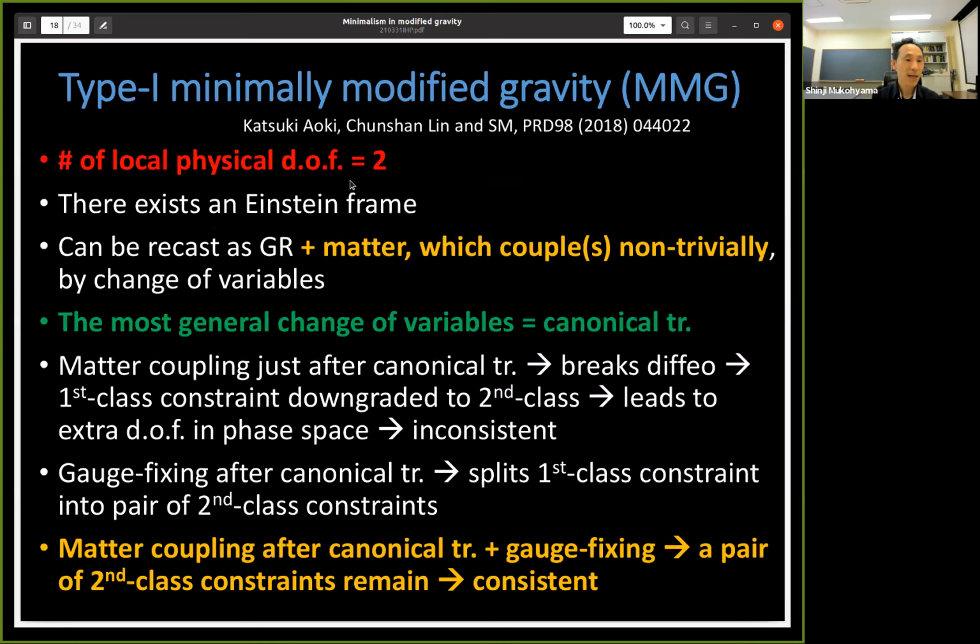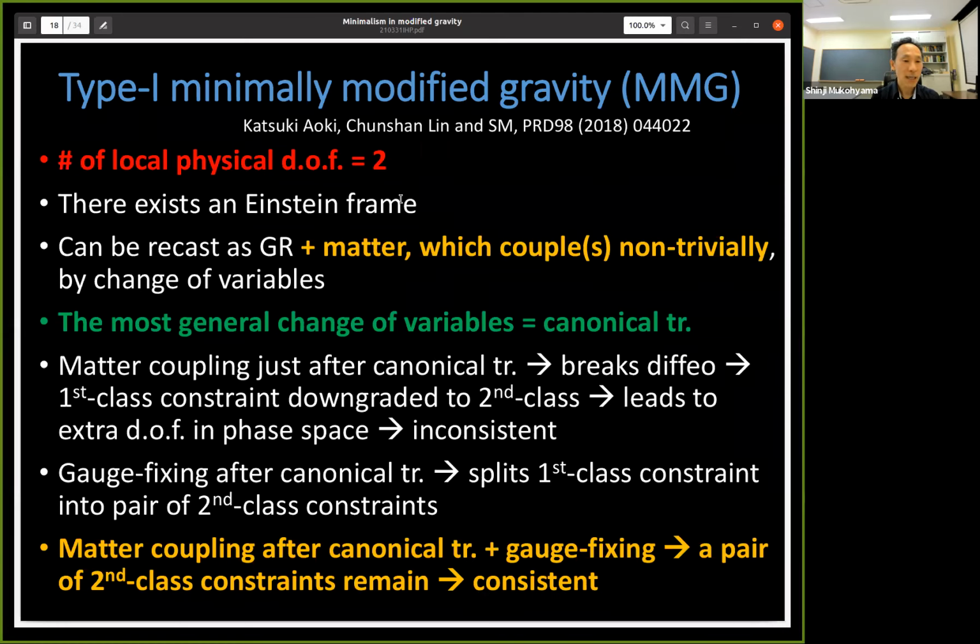Let me think about type 1 minimally modified gravity. By definition, the number of degrees of freedom is 2, and by definition of type 1, there exists an Einstein frame. Therefore, in the absence of matter, this theory can be recast as general relativity. But the matter coupling is non-trivial.